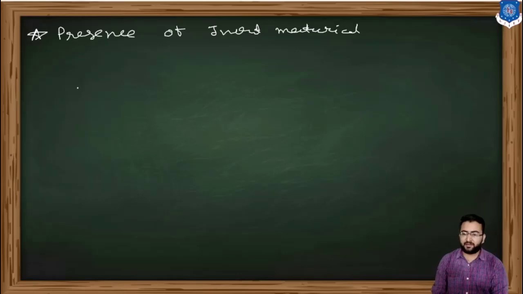To understand this, let's consider our equation: K is equal to Ky into K phi into P upon P naught whole raised to Vi.